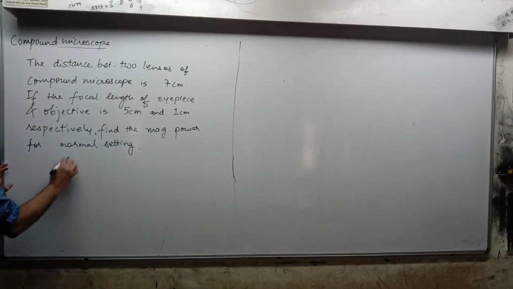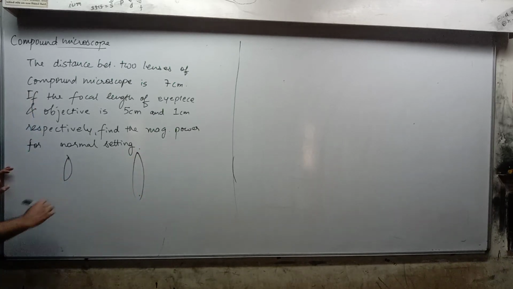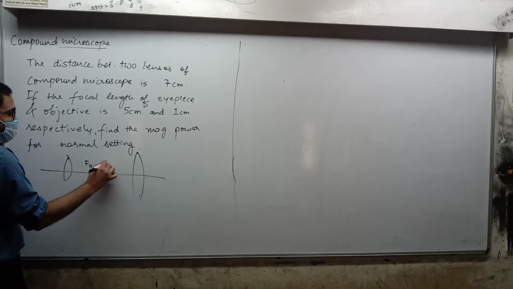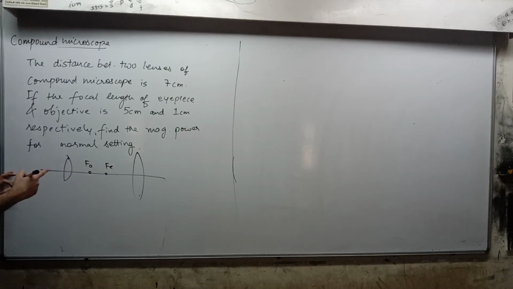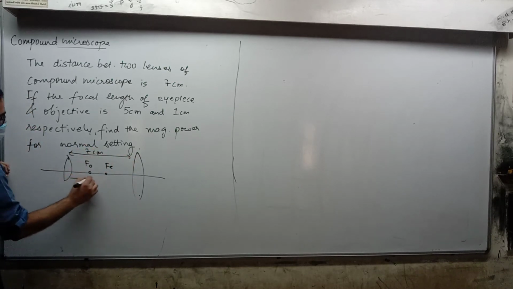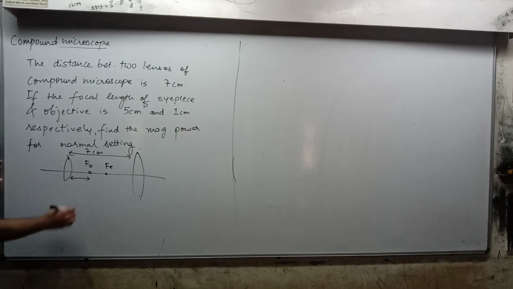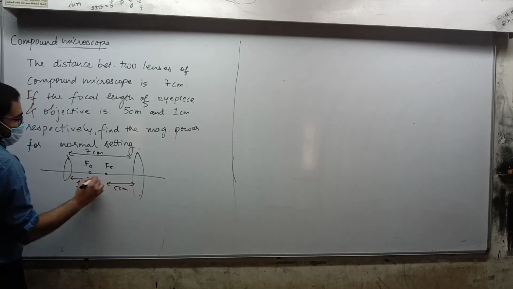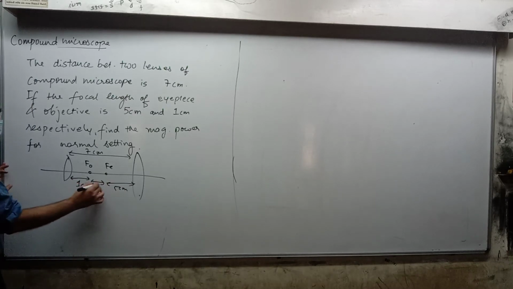If you just draw a rough diagram, this is FO, somewhere here is FE. What values are given? The distance between these two is 7 centimeters. What's the focal length of the objective? 1 centimeter. What's the focal length of the eyepiece? 5 centimeters. What's the distance between these two? 1.